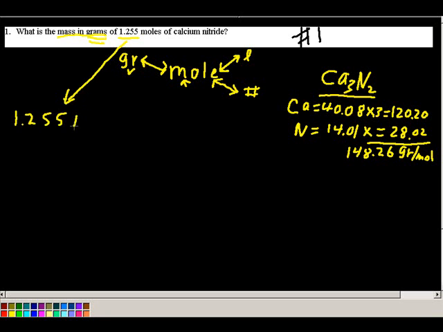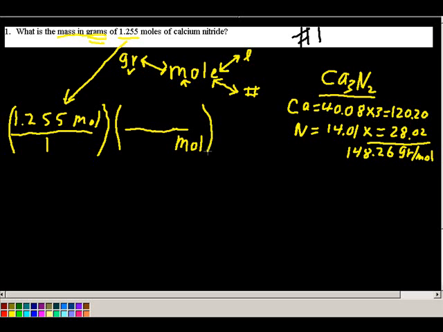1.255 moles, put it over 1. Then you write another train track and create the fraction. If you have moles up here, you have to have moles down here, and you close it off.